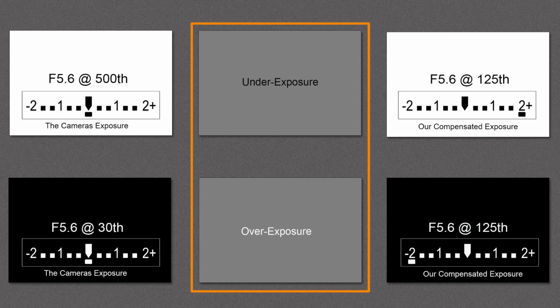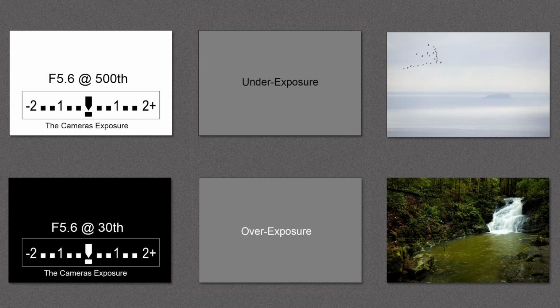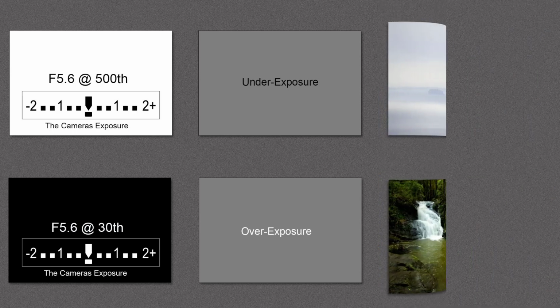It's simply because the camera reads light reflected from the subject, not light falling on the subject. So subjects with mostly light tones fool the camera's light meter into thinking we need less exposure. Subjects with mostly dark tones fool the camera into thinking we need more exposure than we actually do.